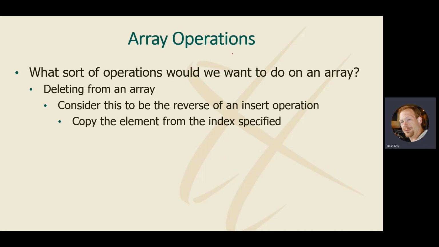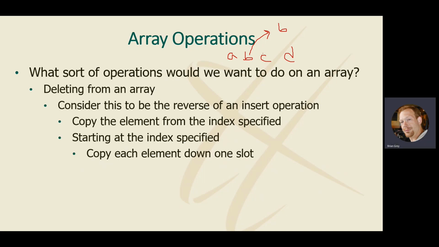Copy that element. If I want to remove B from this array, first thing I have to do is take B and store it somewhere else so that I can then, starting at that index, copy each element down a slot.